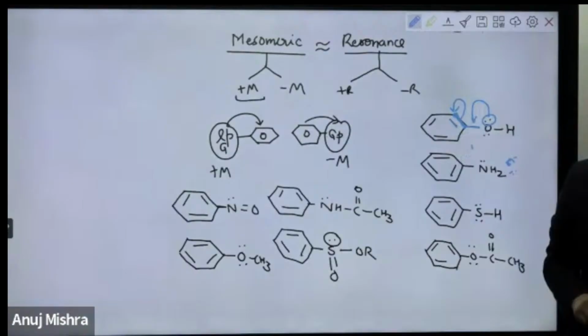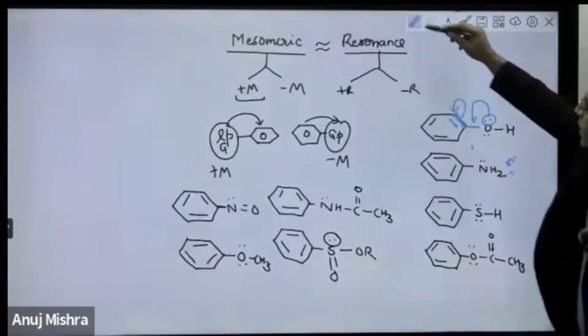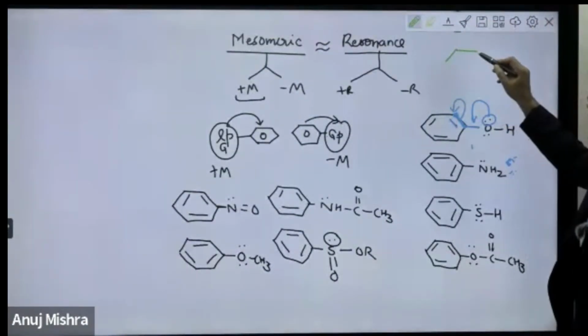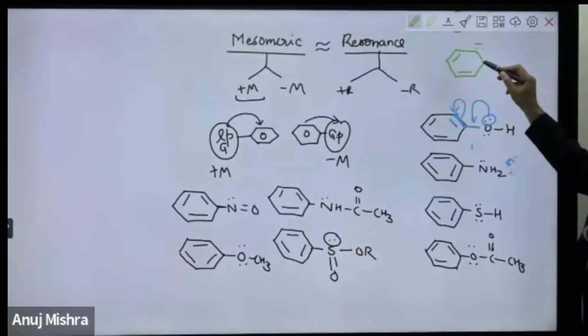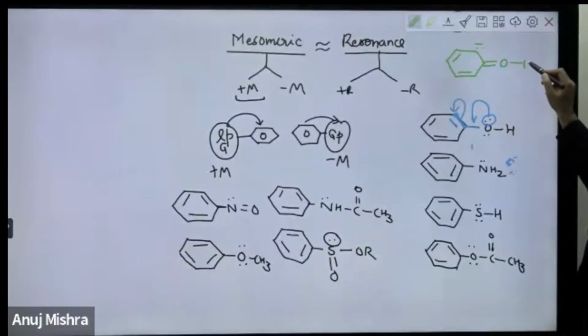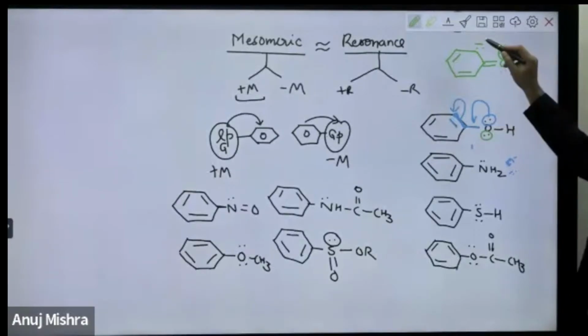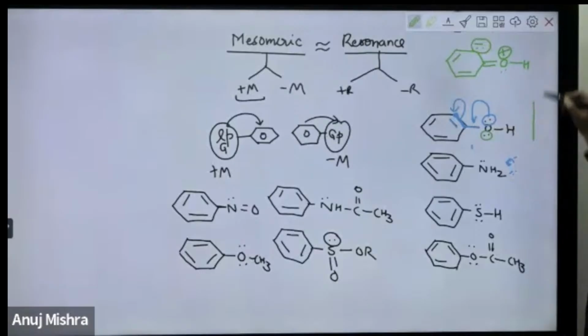Option number 1. So the structure may look like negative charge, double bond O, H, plus. Out of 2 lone pairs, 1 is gone, so I'm putting 1 plus charge. 1 plus and 1 negative is neutral. This was neutral, this is also neutral.